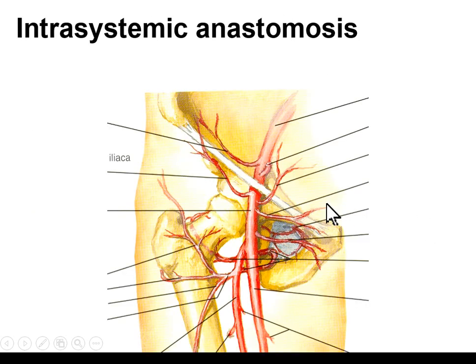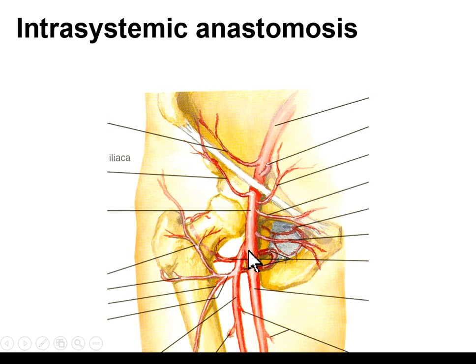Here we can see these anastomoses on this picture. This is the hip bone, this is the femur, this is the lower extremity. The thigh is supplied by the femoral artery.